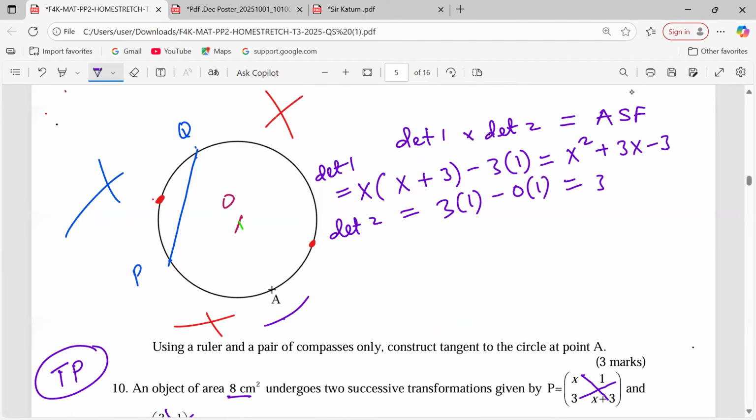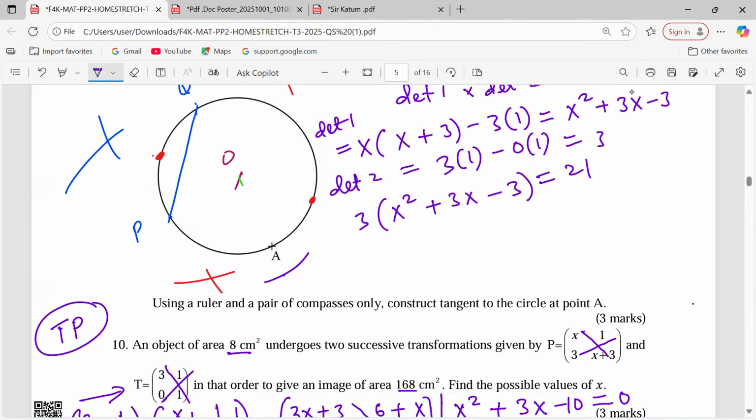So the product of these determinants, determinant 1 and determinant 2 multiplied, should give us the area scale factor, which is 21.